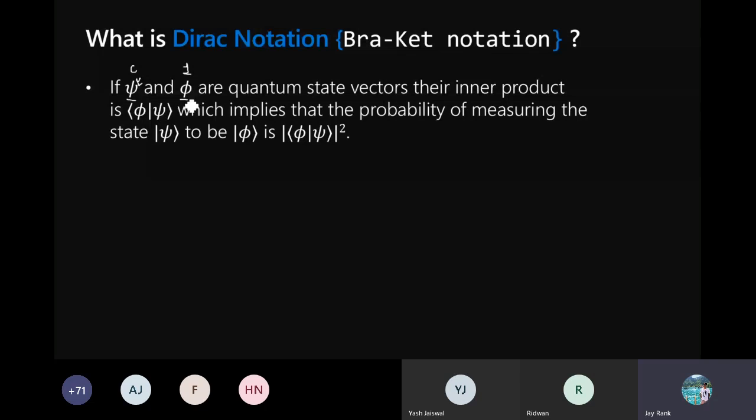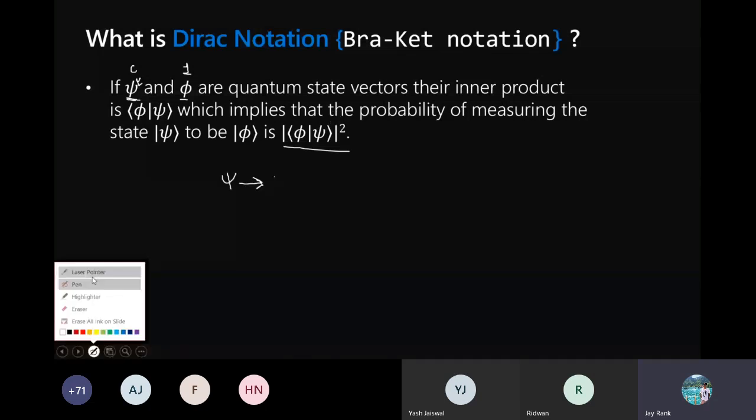So then we can say that the probability of measuring the state of psi with respect to phi is given by the modulus of phi psi whole squared. Again, let me repeat it.